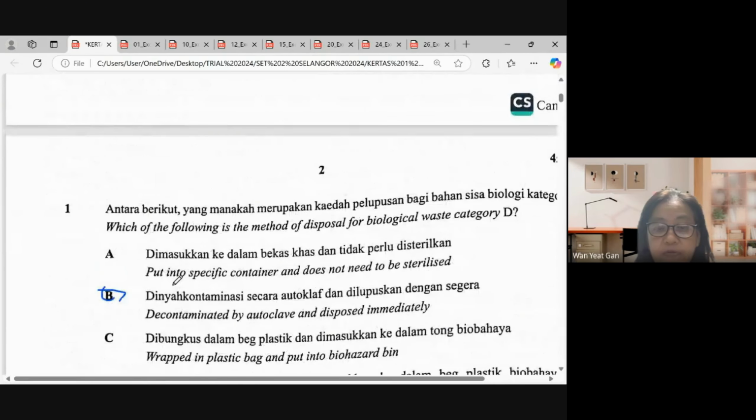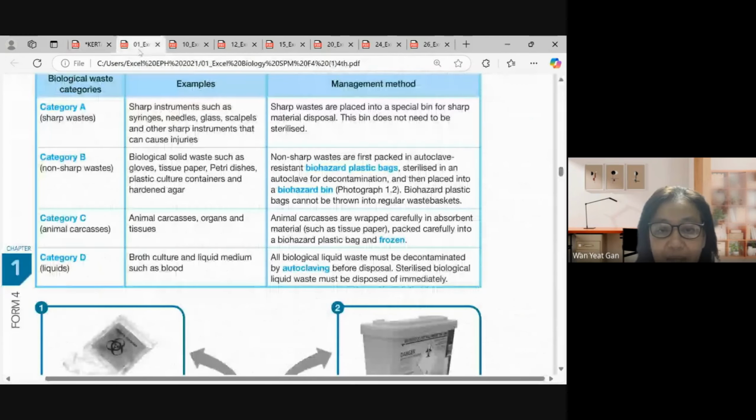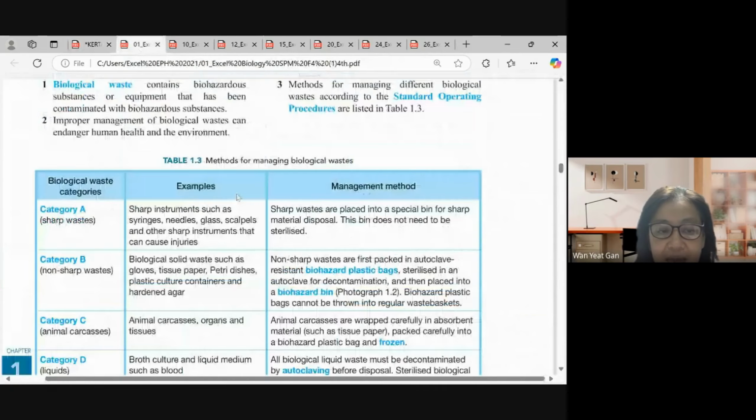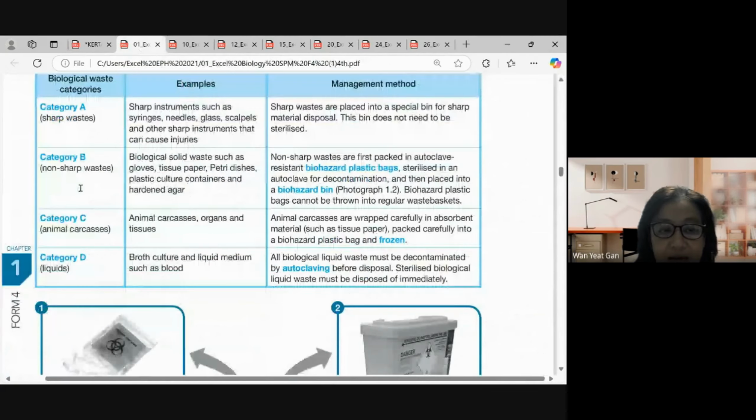Which of the following is the method of disposal for biological waste category D? Okay, so for waste from category D, there are many types of waste and they are categorized as A, B, C, D. Category D consists of broth, culture, liquid medium such as blood. For this type of waste, we need to decontaminate them by autoclaving before we dispose of them immediately.